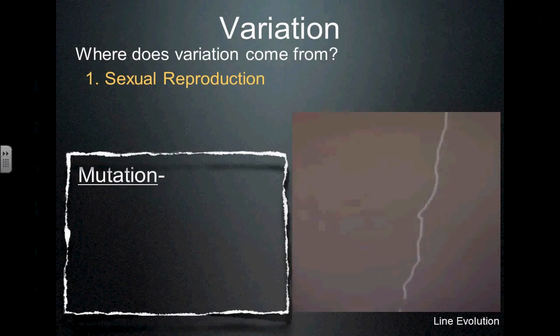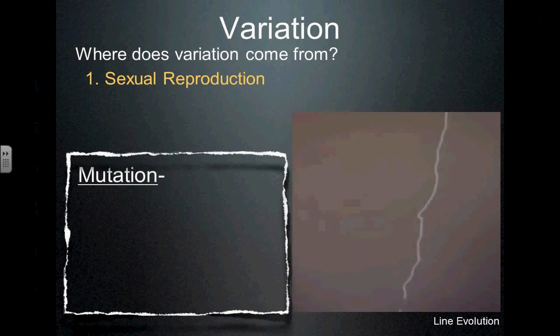That adds variety to the species. Species that reproduce sexually have a lot more variation between individuals than species that reproduce asexually. So that's one place this variation comes from.